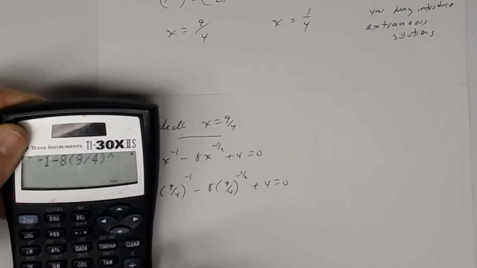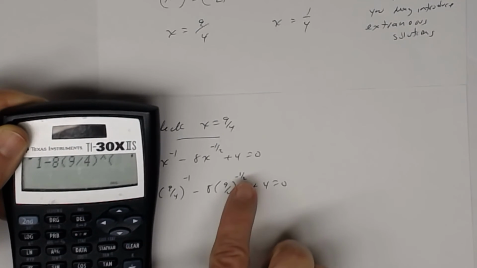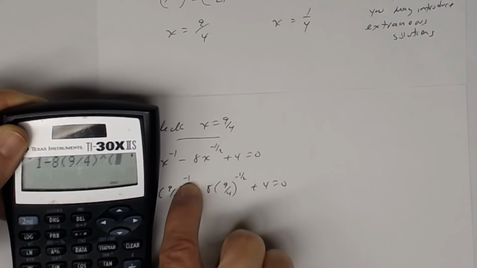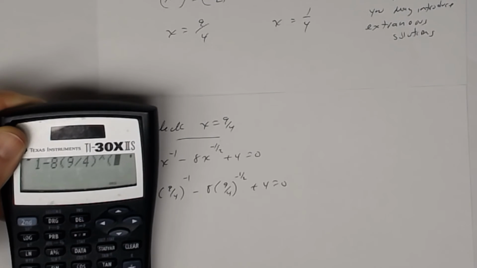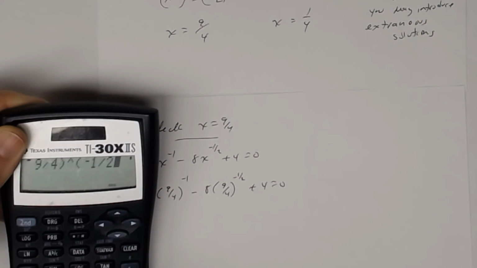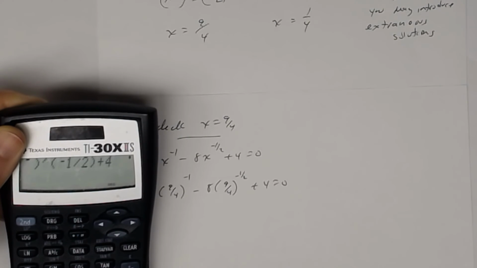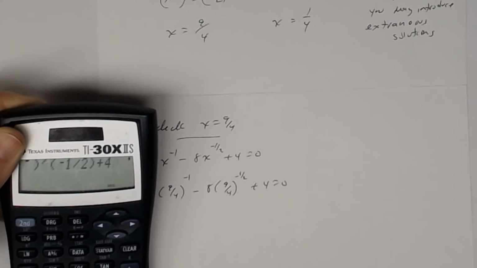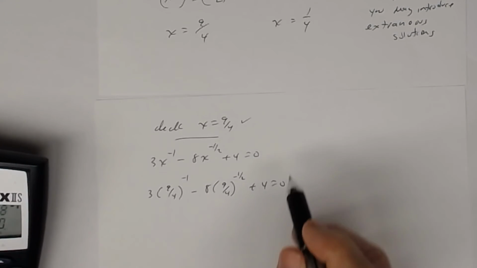You must use parentheses for that -1/2. I did not need it for the first exponent because it was an integer, but I needed it here because that's a fraction. -1 divided by 2, close that parentheses. Then I'm going to add 4. Hopefully that's going to equal 0. And it equals 0. So 9/4 is a solution.